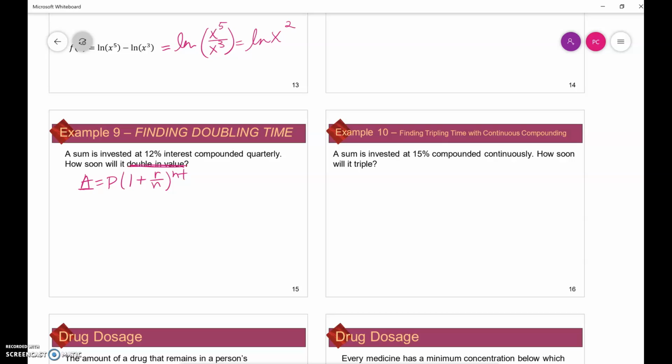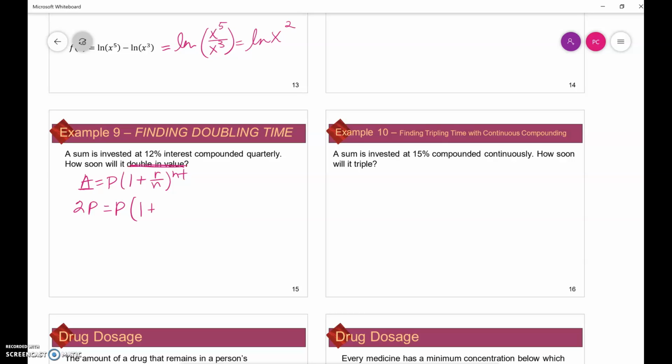So I'm going to change that A to 2P. It doesn't matter what that original value is. We'll be able to tell, no matter how much I put in, how long it will take to double. Okay?